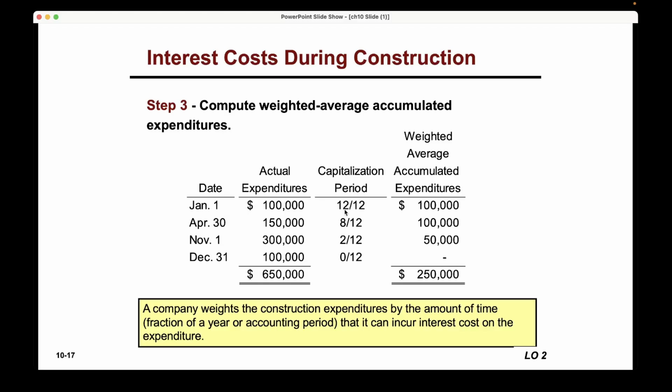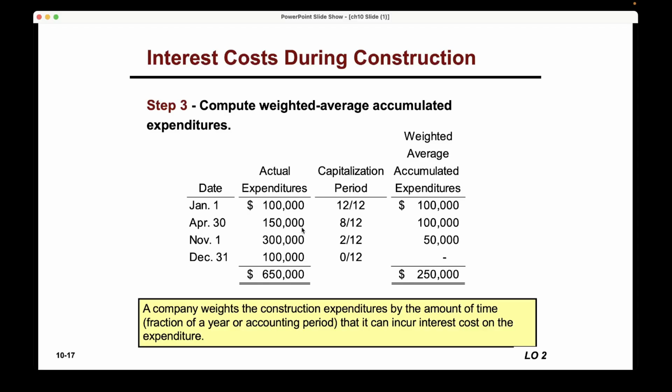So it's 12 out of 12. We simply multiply 100,000 by 12 over 12. So we get a weighted average accumulated expenditure of 100,000.